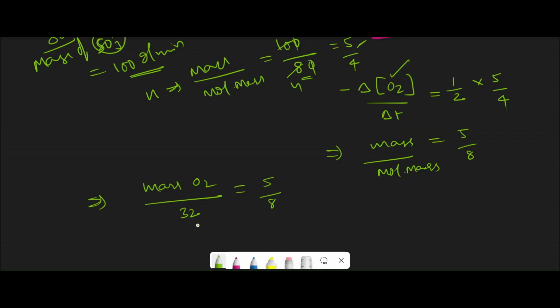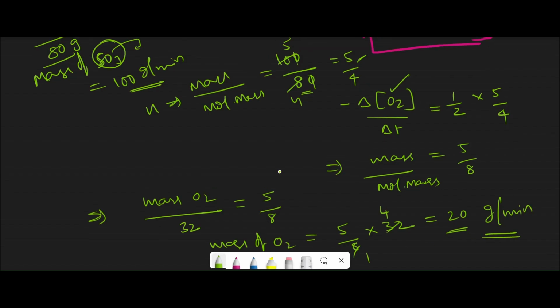So 5 by 8 into 32: 8 fours are 32, therefore we get the answer 20 grams per minute.